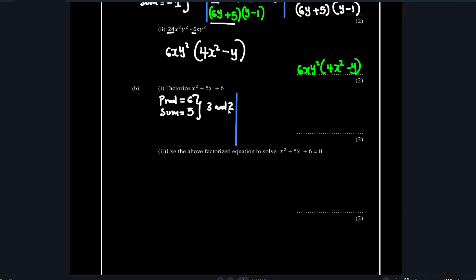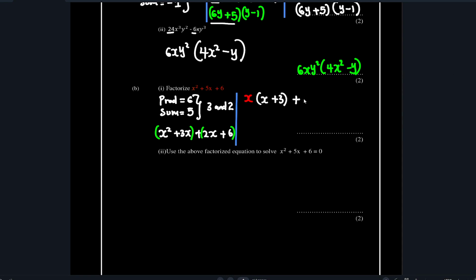Yes. Then once we have that, we can rewrite the expression in terms of the two numbers that we have. So this is going to be x squared plus 3x plus 2x and then plus 6. Then we group two of them like that, and then we factor out what's common. In the first bracket x is common, so we are going to take x out and we're going to remain with x plus 3.